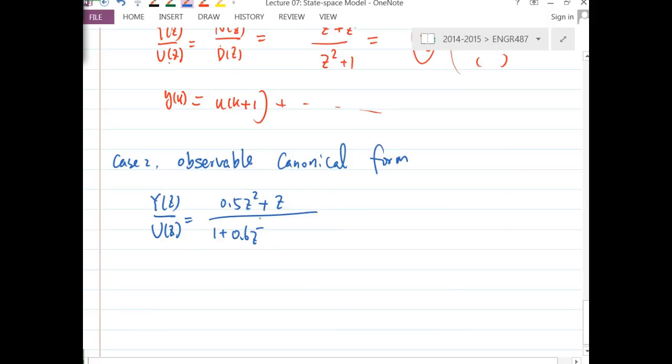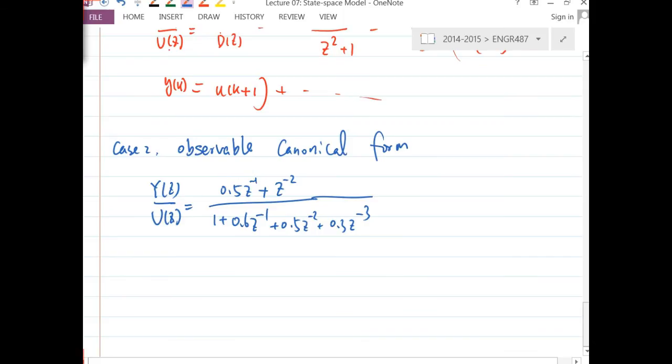I need to write it into the DSP format. Right from here, I'm going to rewrite this equation like this.